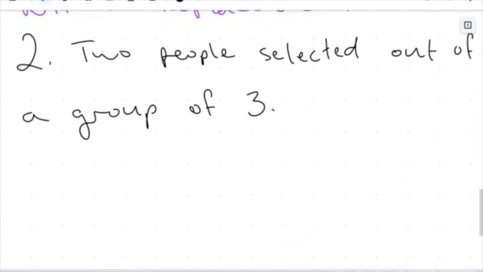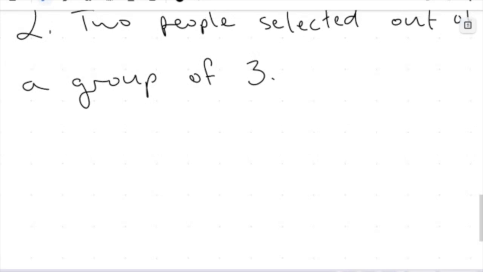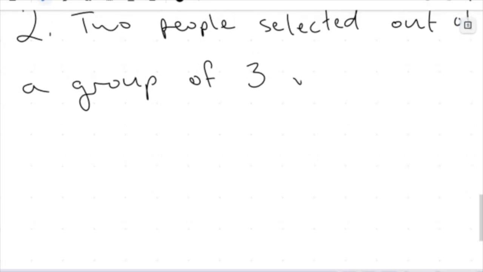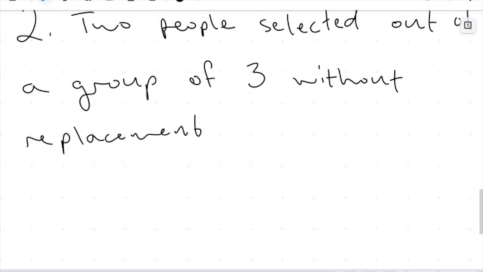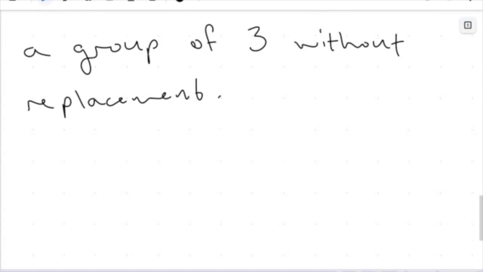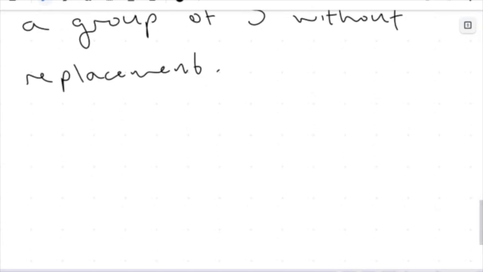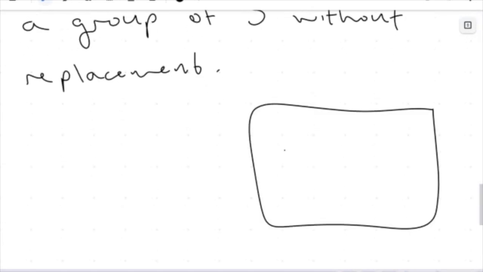So, this is without replacement. What we mean by that is, just say we have our 3 people here, 1, 2, 3.